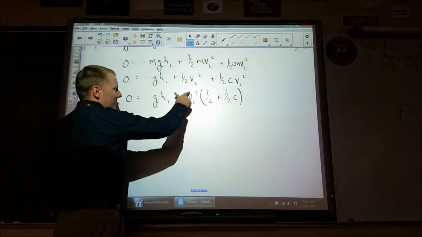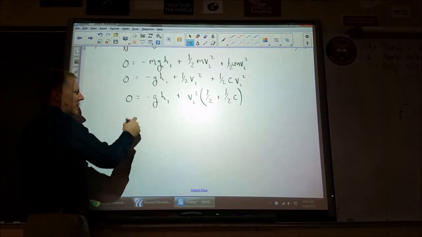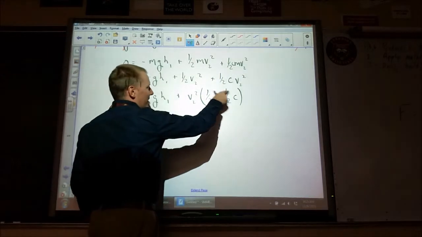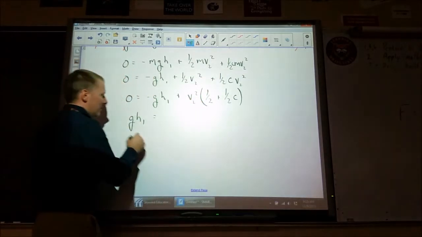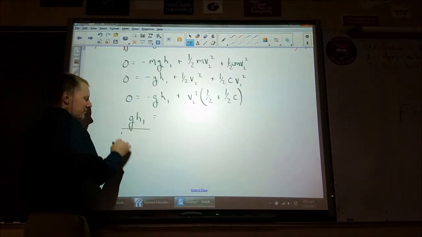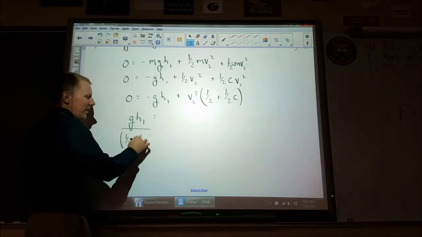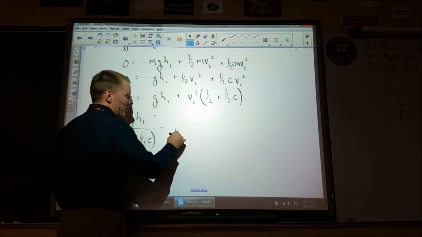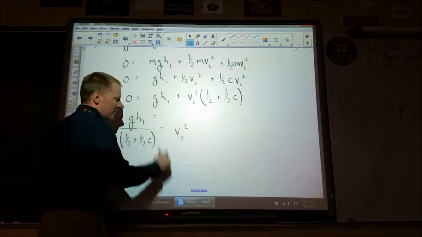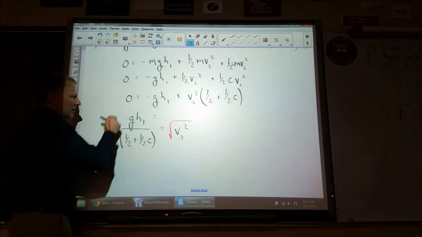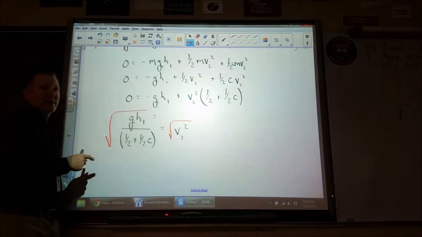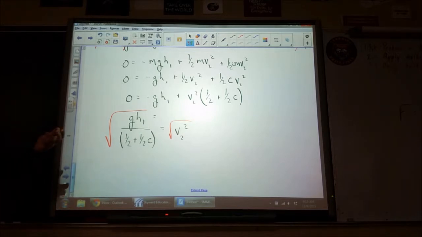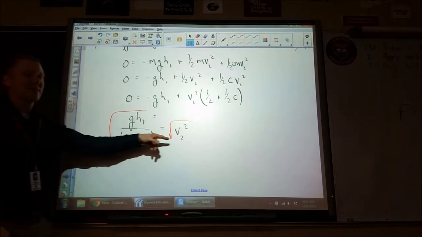I'm going to solve for the V2, so I'll add the gh1 to both sides. And then I have to divide by this factor to get V2 alone, the 1/2 plus 1/2 C, and that's equal to V2 squared. And then take the square root of both of those sides. So now is the only point that I'm ready to evaluate this. This is where I can say, is it a ring or is it a disc? And let's see what happens to V2.